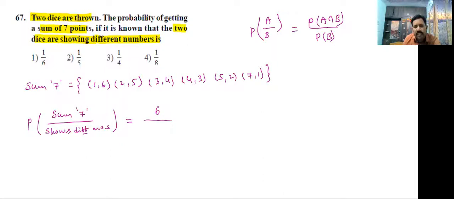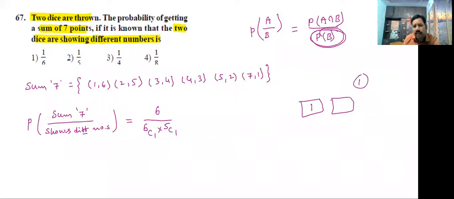Then what about the denominator P of B? It shows different numbers. Out of 6, select one number. This is the first number. Next, from the remaining 5, select one. Suppose the first die got 1; in the second die, he doesn't want to get 1.